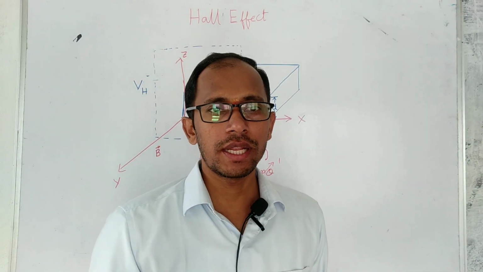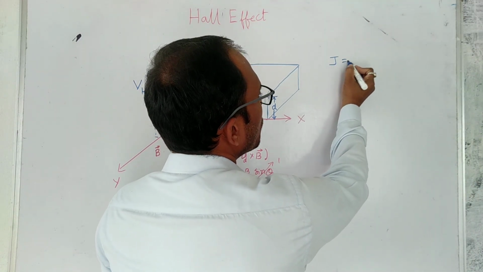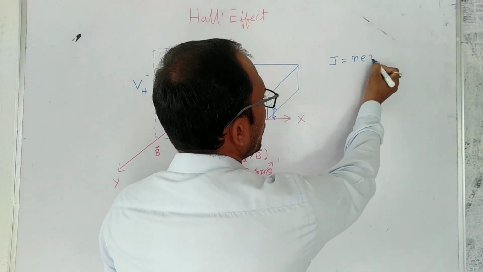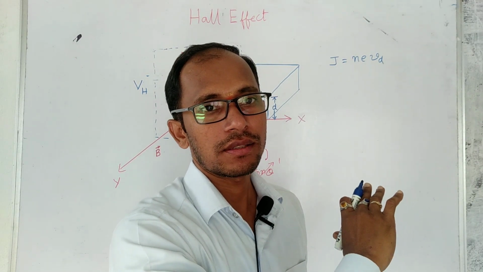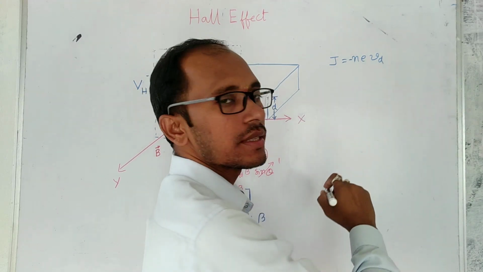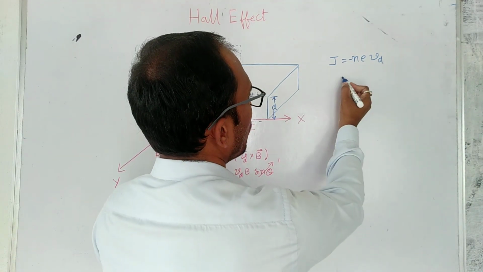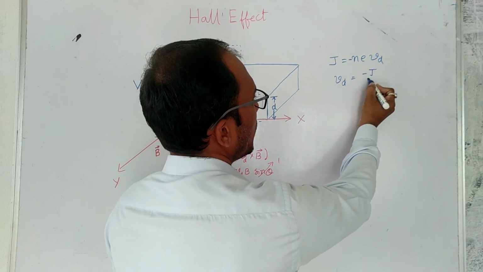Now let us see what the current density is. Current density, as you know, J is equal to NEVD. If you take this for conductors, then for electrons it is negative, minus NEVD. So from this VD you can write as minus J by NE.